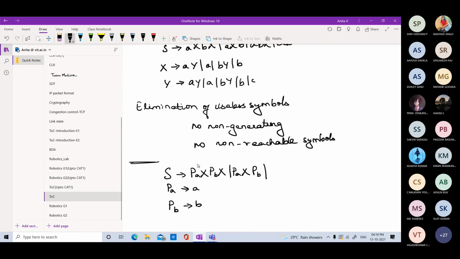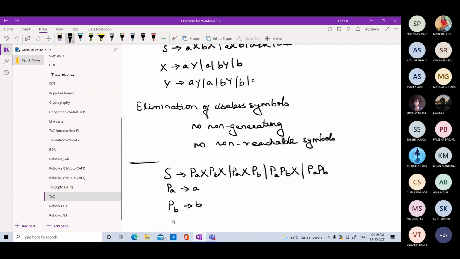Instead of A, you can have a non-terminal P derives A, and a non-terminal for B. In order to keep track, I am using this non-terminal. And then next is PA PB X or PB PB.